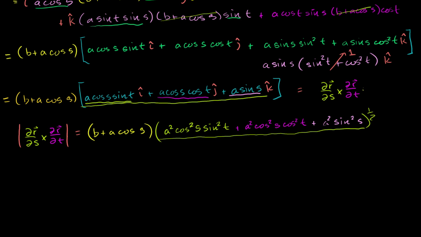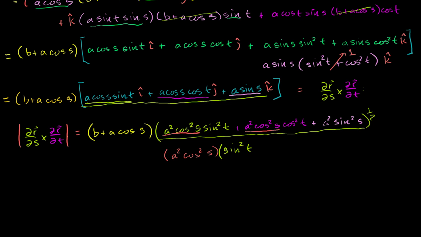So let's see if we can do anything interesting here, if this can be simplified in any way. We have a squared cosine squared of s. We have an a squared cosine squared of s here. So let's factor that out from both of these terms and see what happens. So I'm just going to rewrite the second part. So this is going to be a squared cosine squared of s times, in parentheses, sine squared of t plus cosine squared of t, in that magenta color.